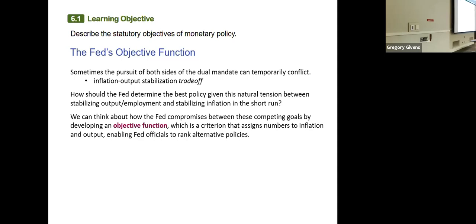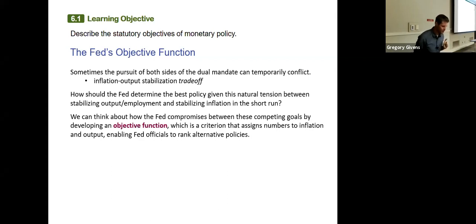It has a bunch of different potential policies that it can implement. What is the best one to follow? It's the one that achieves the highest value of an objective function. Just like you choose your work hours and your consumption to maximize your utility, that's what you learn in your intermediate micro class, the Fed is going to select an interest rate policy to try to maximize its own preferences or objective function.